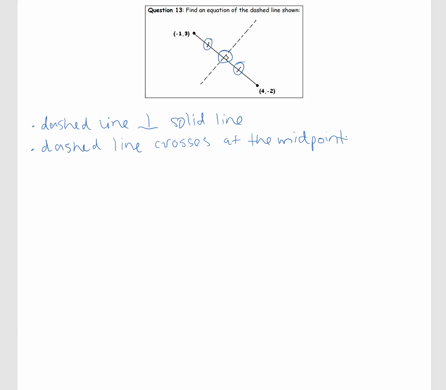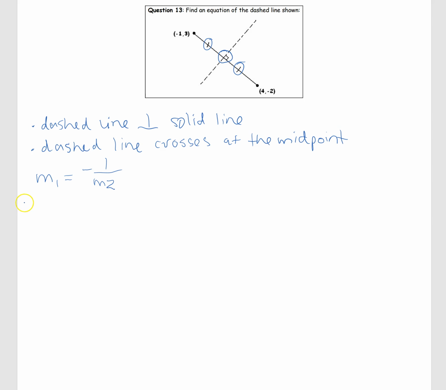So we know that the two lines are perpendicular, and this means that the slope of one, or m1, is equal to the negative reciprocal of the slope of the other, or m2. And so we can figure out the slope of the solid line based on the points given.